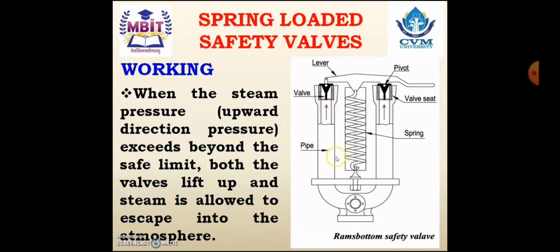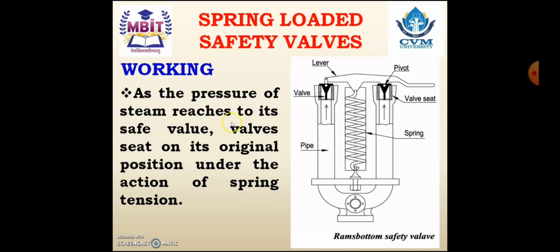So whenever the steam pressure increases beyond the safe working limit, automatically both the valves, valve 1 and valve 2, are lifted up. And as the valves are lifted up, the lever is also lifted up and the spring is extended, or in tension. Now as the valves are lifted up, steam goes out.